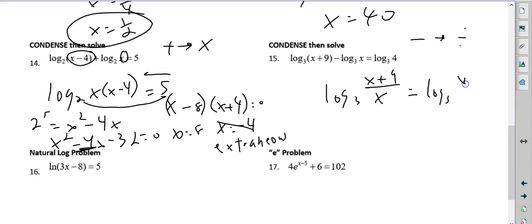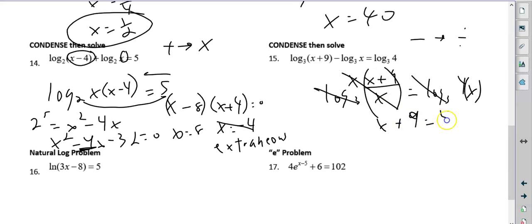Now, I have one log on each side, I can cross them off. So I have x plus 9 over x equals 4. So to get that x on the top, I'm going to do this. So that gives me x plus 9 equals 4x. Subtract x, 9 equals 3x. Divide by 3, x is 3.